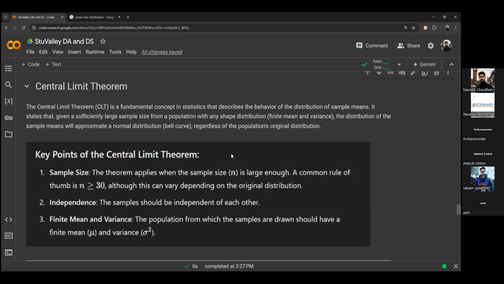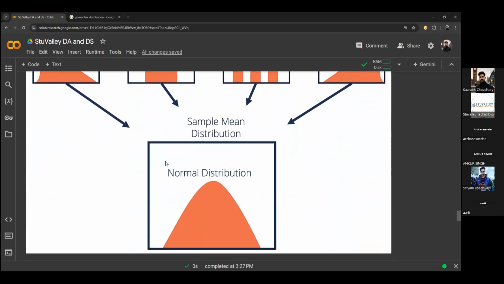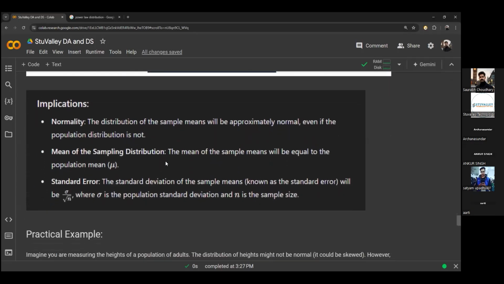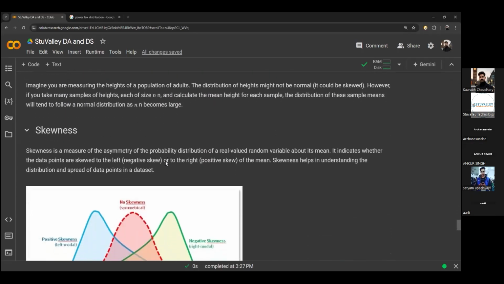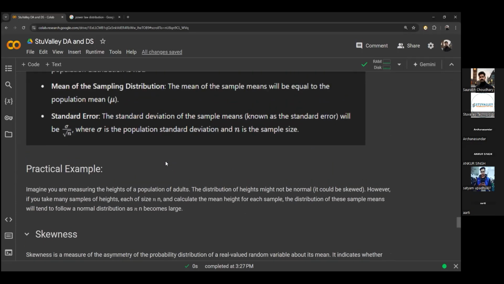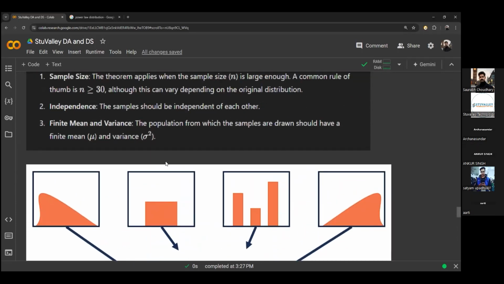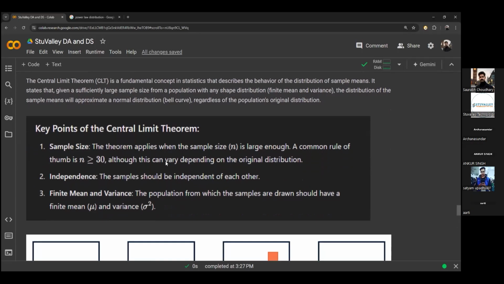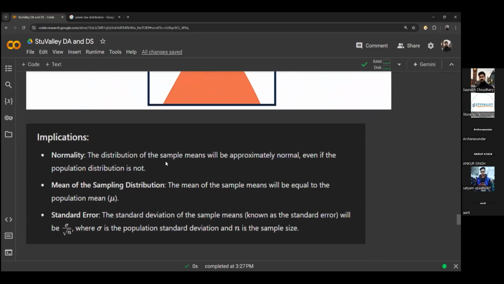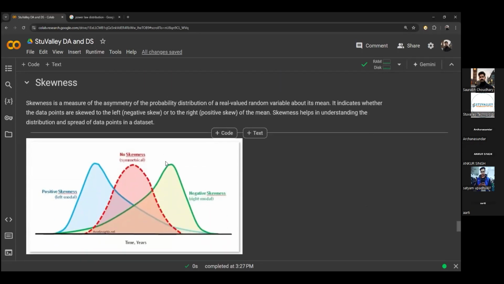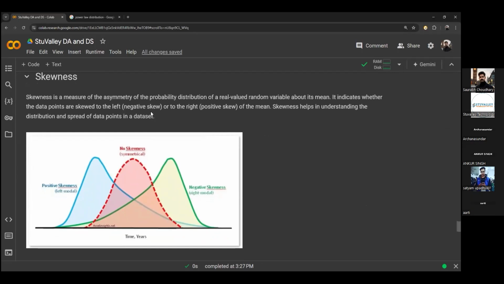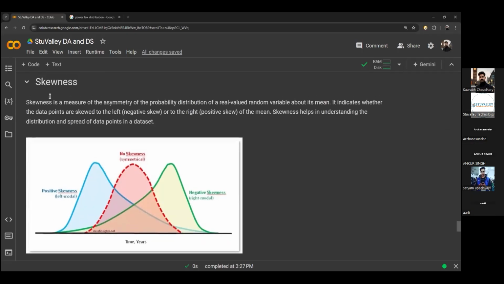Okay. Next topic is central limit theorem. How we can convert our uneven data into normal distribution. Before I think central limit, I should do this skewness. So what is skewness? Skewness is a measure of asymmetry of the probability distribution of a real valued random variable about its mean.